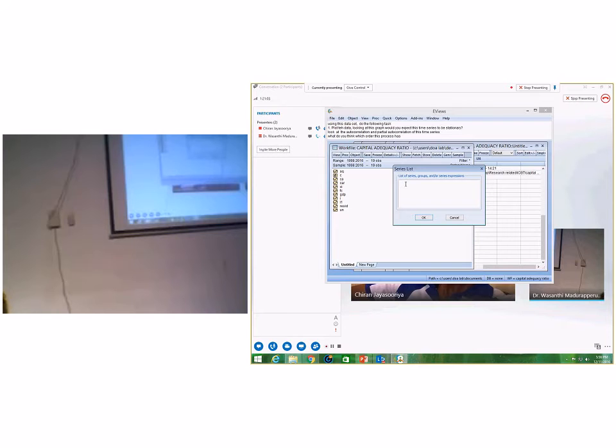You can use a graph here. Our first variable, put the name of the variable.